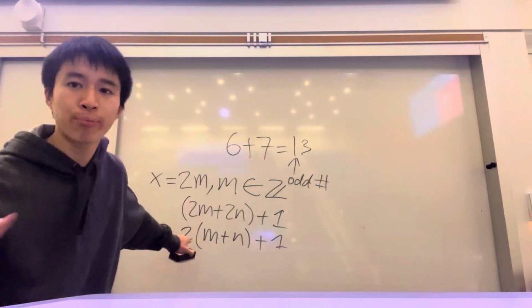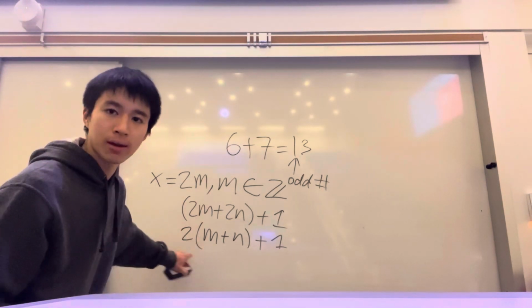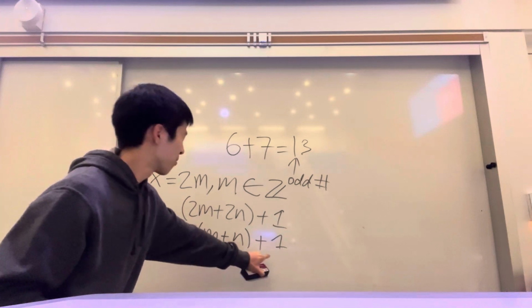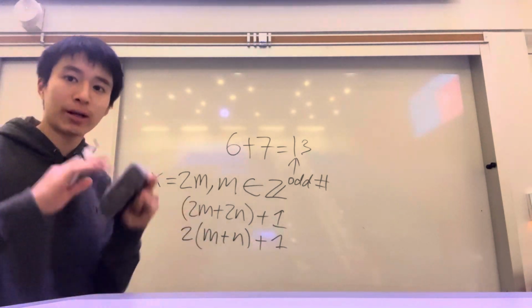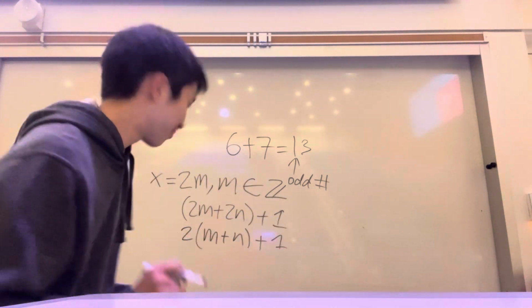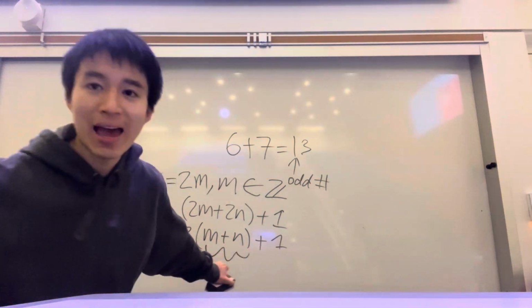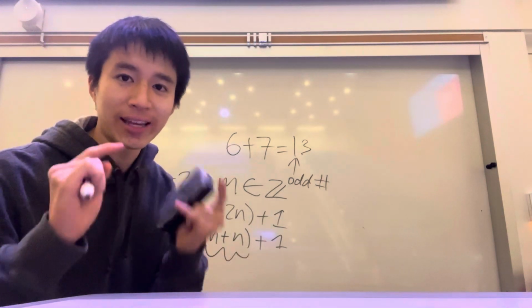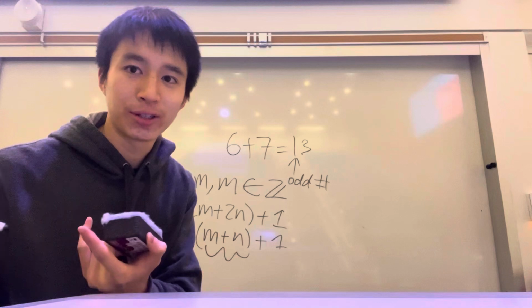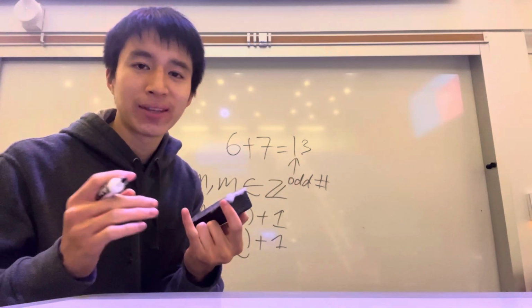And you'll notice this is identical, because this is just the distributive property. 2m plus 2n plus 1 is equal to that, so they're identical. Why does this matter? Remember, m was an integer, n was also an integer. You add two integers together, that's still an integer.